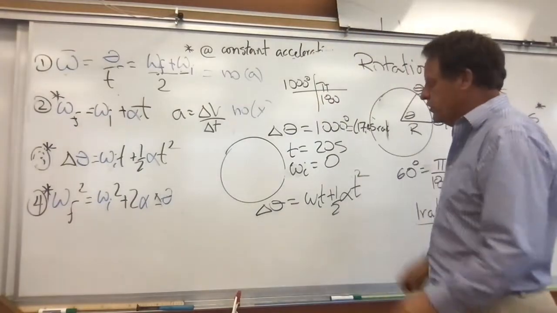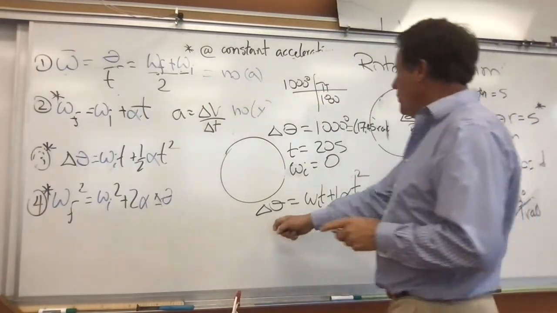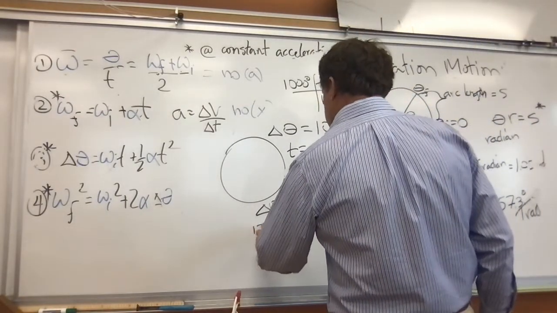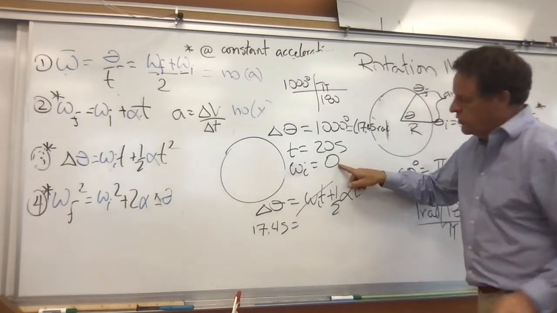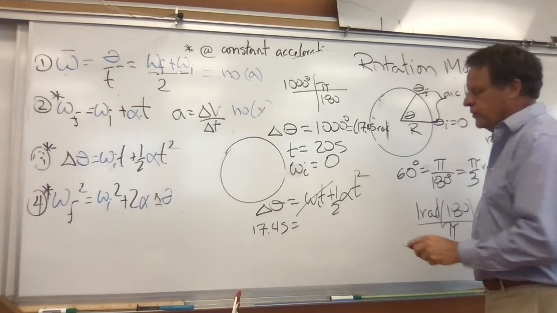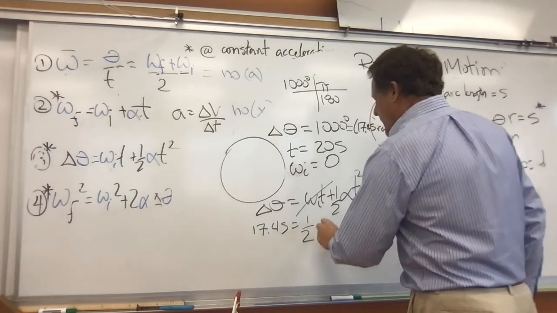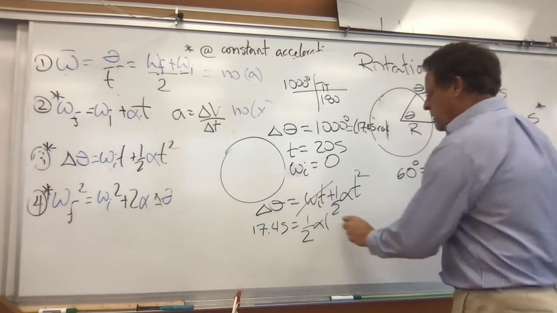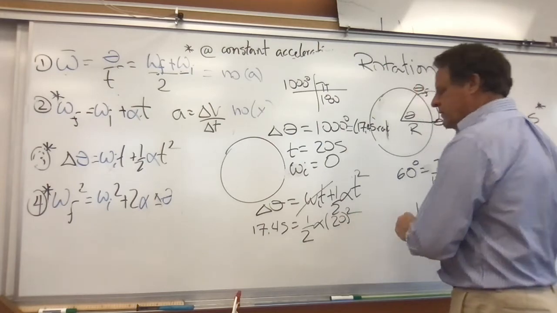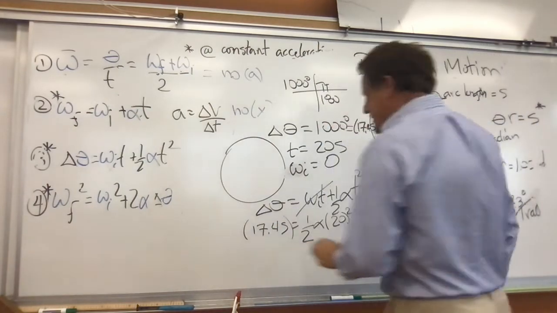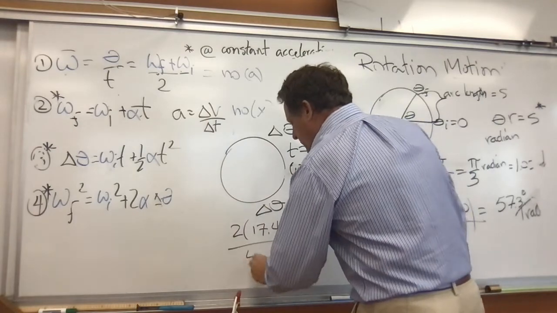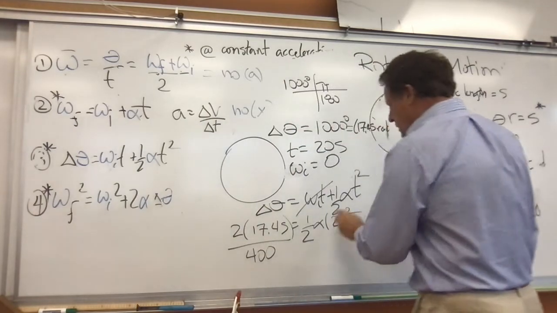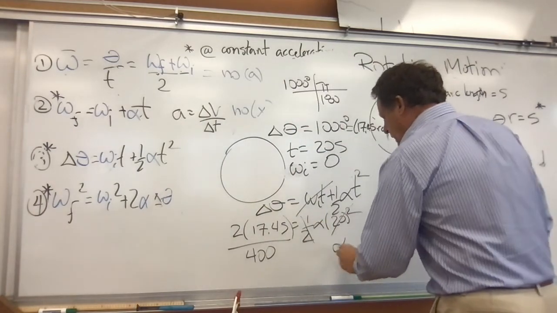To finish up, we know that this is 17.45, we know that the initial omega is equal to 0, and we know that the time is 20 seconds, so we're going to have 17.45 times 2 divided by 400.